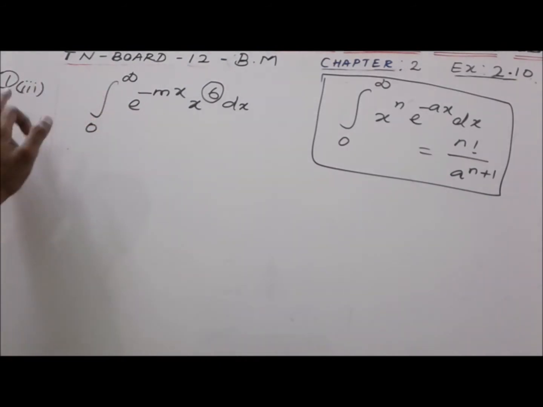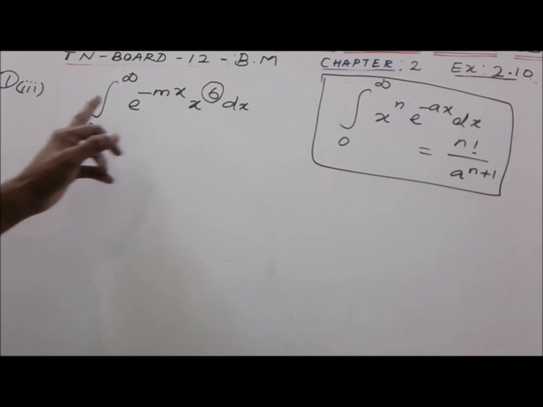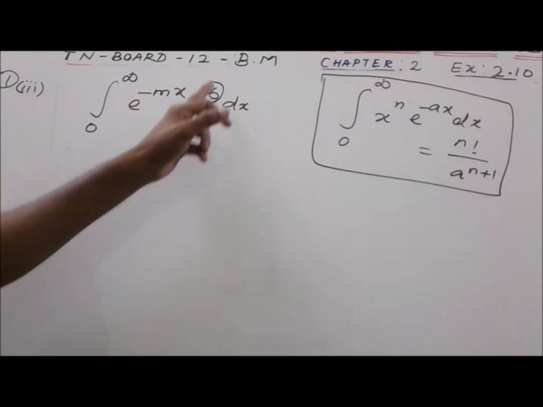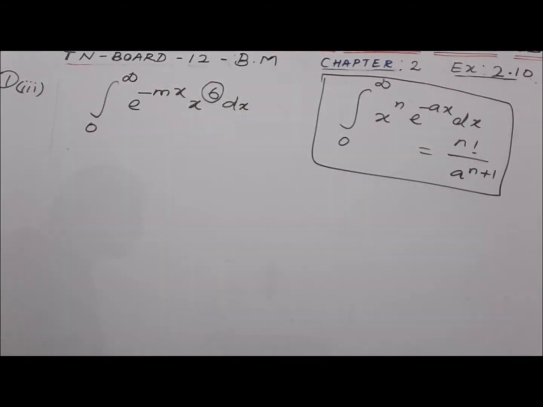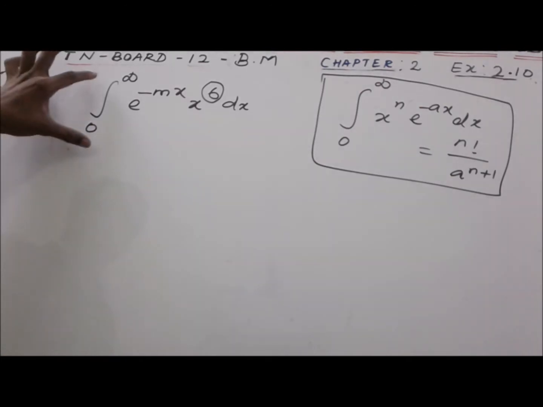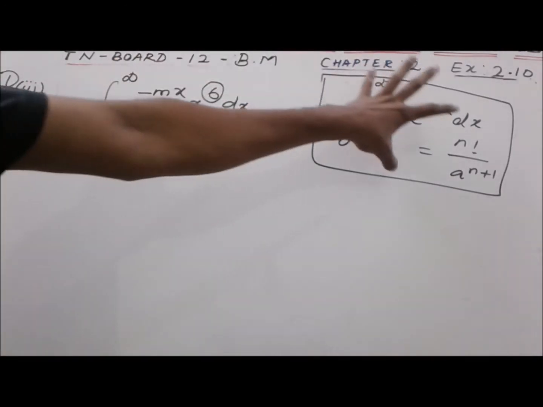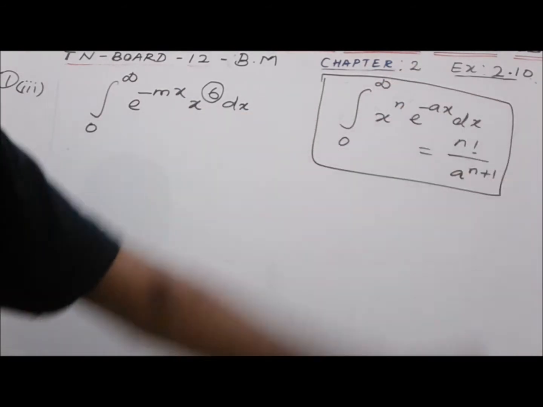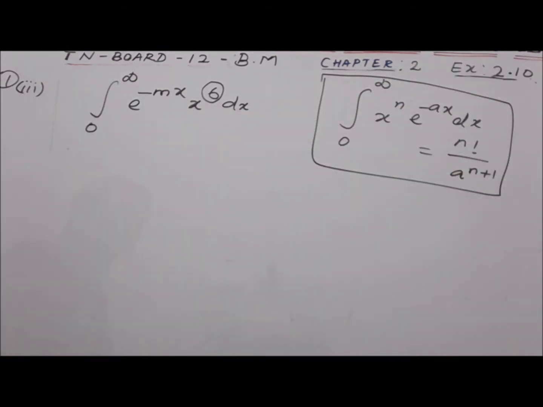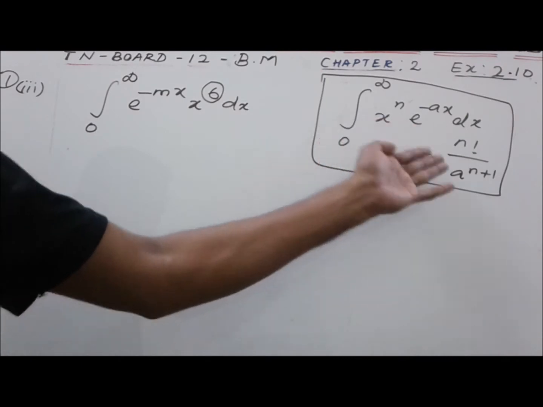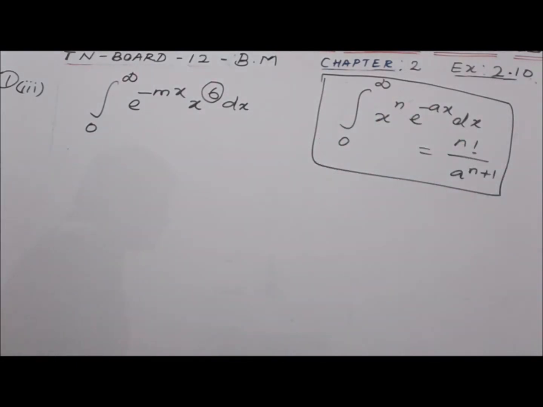Now look at the problem, subdivision number 3. Given e power minus mx x power 6 dx between the limits 0 to infinity. So this is an improper definite integral. It follows the pattern of 0 to infinity x power n e power minus ax dx, so we can write its answer as n factorial by a power n plus 1.